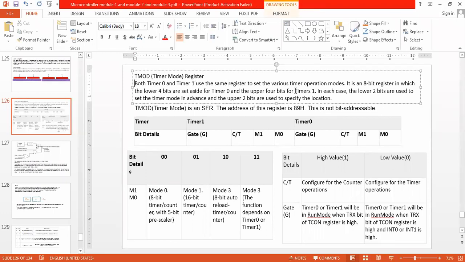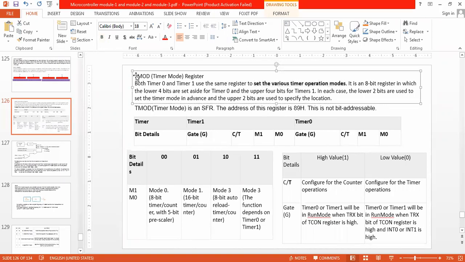The TMOD register is an 8-bit register that is used to set various timer operation modes. So it is basically used to set the operation modes for the timers.